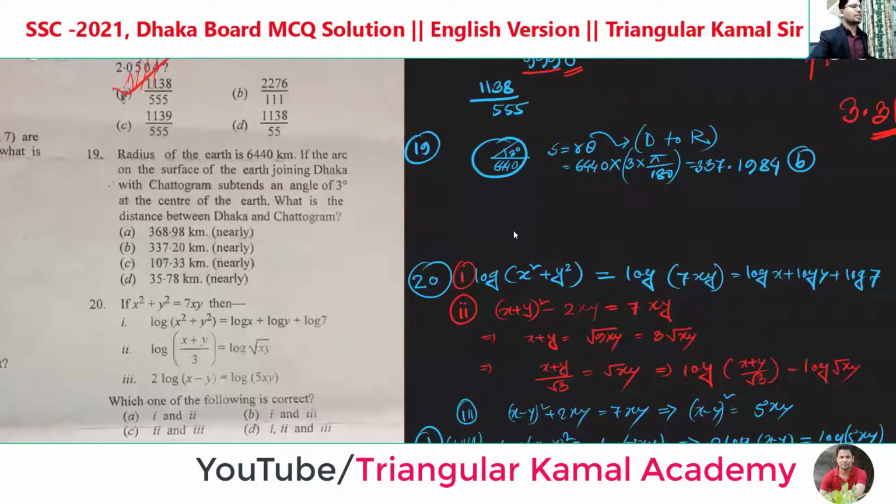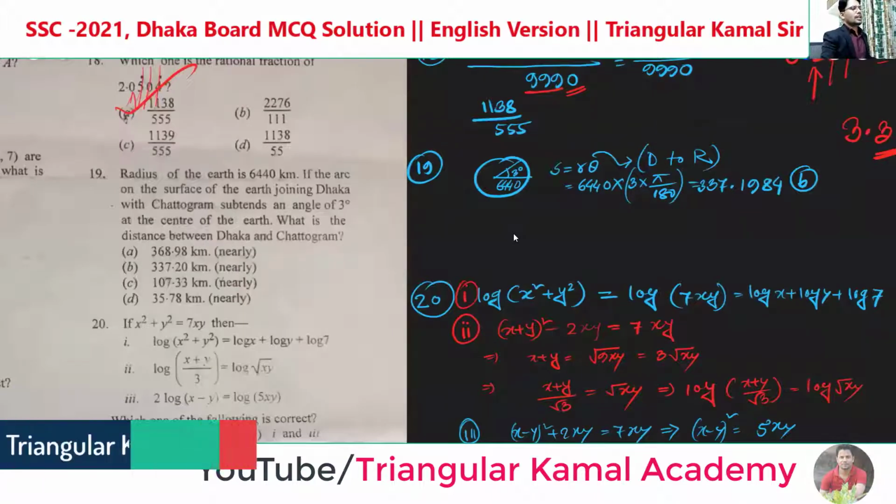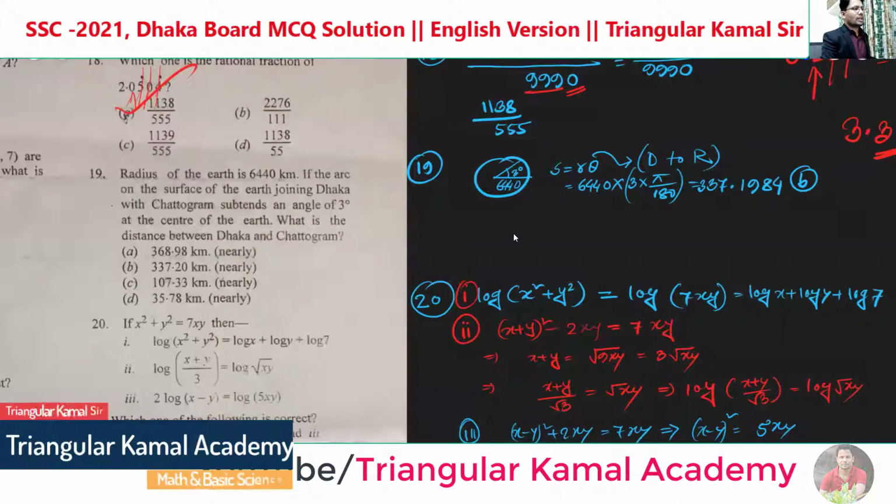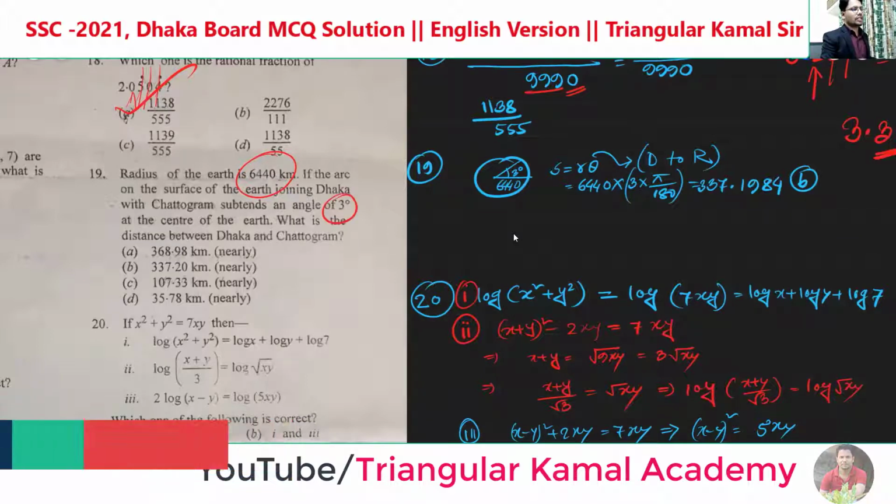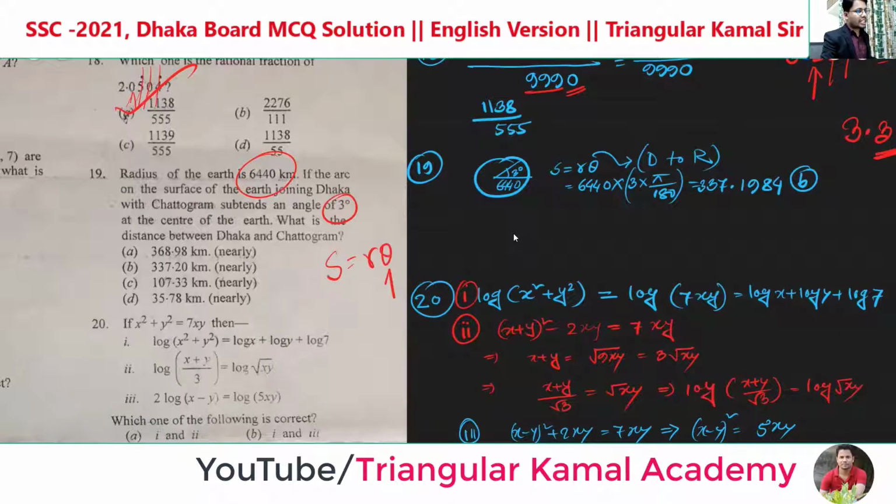Now the next question number 19. Here the radius of the earth is given, the subtended angle is 3 degrees, then the distance. So distance means here s equals, we all know, r theta, but we must convert theta into radians. This formula we use for the radian, not the degree system.